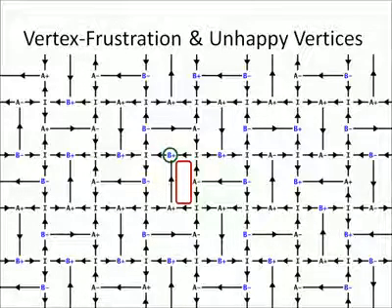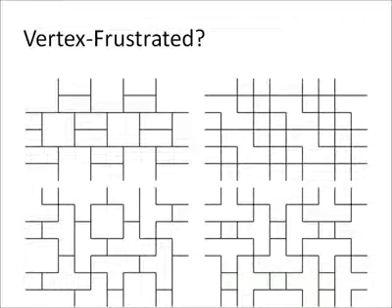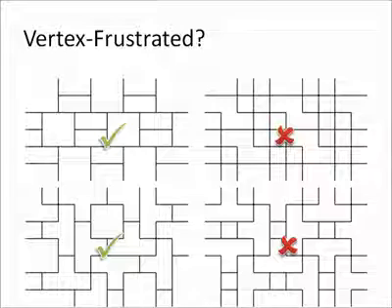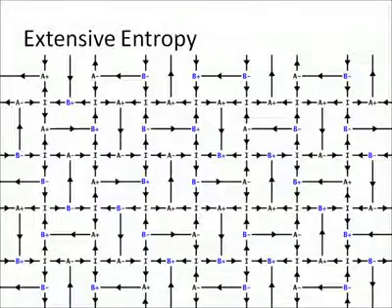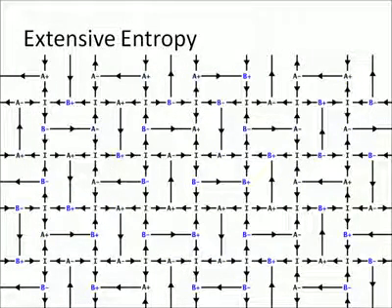We also prove some general rules to distinguish vertex-frustrated and non-frustrated lattices without knowing the ground state, since finding the ground state structure is usually not obvious. It turns out these rules also help in constructing ground states. How does vertex frustration lead to extensive residual entropy? There's enormous freedom in where to place these unhappy vertices, with many possible choices giving the same energy.